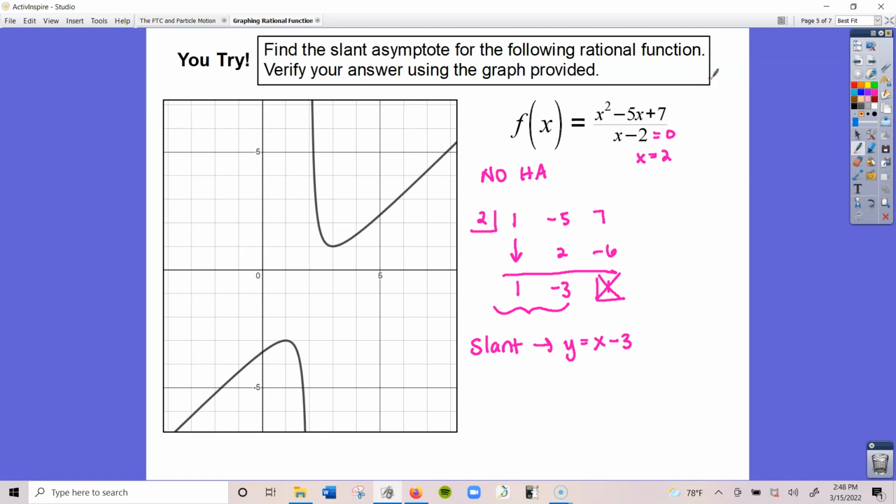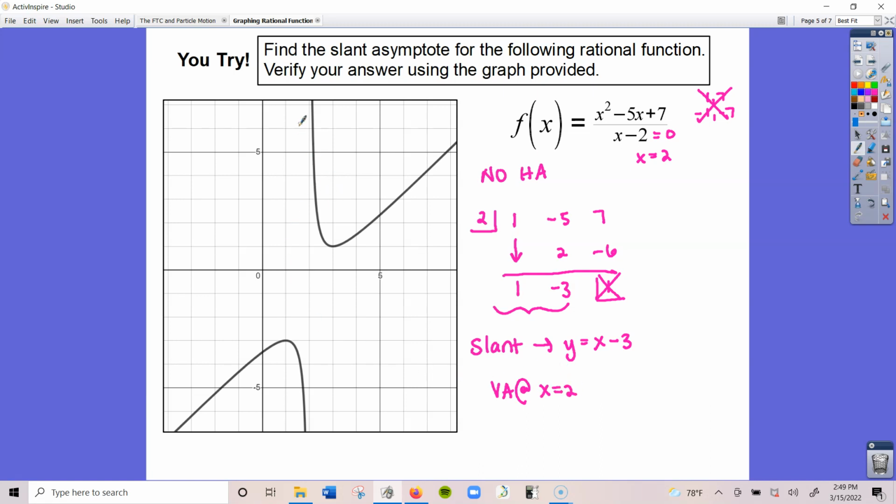But the only two numbers that multiply to give you 7 are 1 and 7, or -1 and -7. Neither of these add up to give you -5. So that particular numerator cannot be factored. Therefore, we do have a vertical asymptote at x is equal to 2.